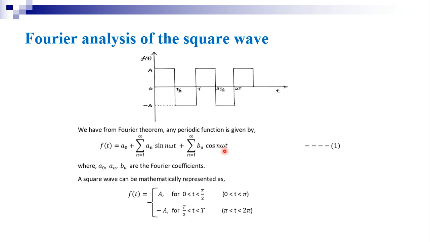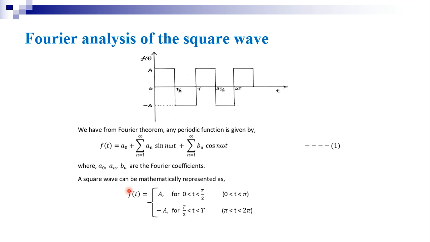So this is the mathematical representation of the Fourier theorem. Let this expression be 1. In this expression we have a naught, a n and b n, which are called the Fourier coefficients.